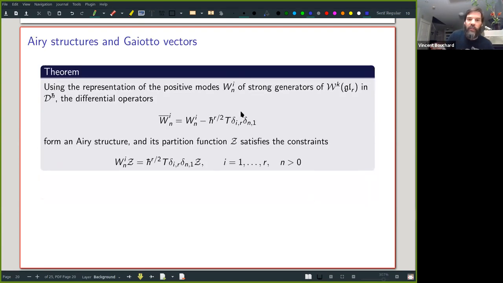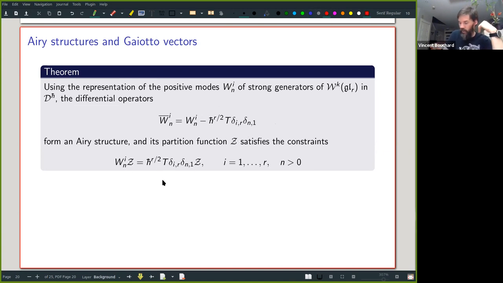So if you use the representation for the positive modes of the strong generators in the H bar that I constructed before, so you just start by embedding inside the Heisenberg algebra, and then you restrict, you use the representation for the Heisenberg modes to construct your representation, then you can shift the WR1 mode because it doesn't appear on the right-hand side, and you still get an array structure, and the partition function, which is uniquely defined, satisfies these constraints. So it's killed by all positive modes except one.